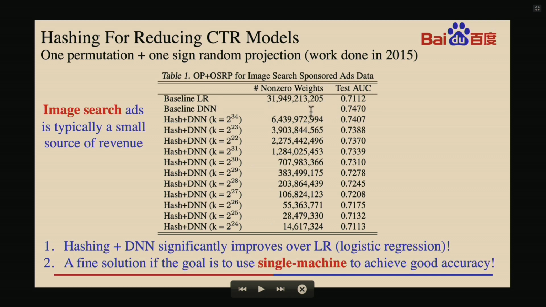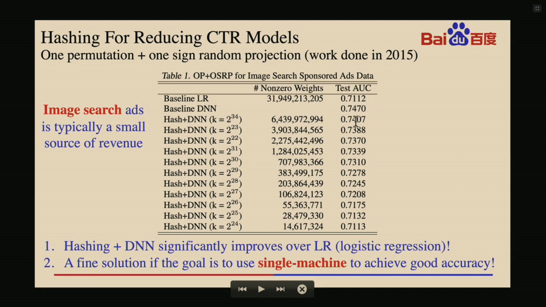When we try hashing the inputs, say we hash it to k bits. When k is as large as 2 to the 34, we can reduce our number of parameters to around 20%, with somewhat similar test AUC and also significant improvements over the baseline logistic regression.